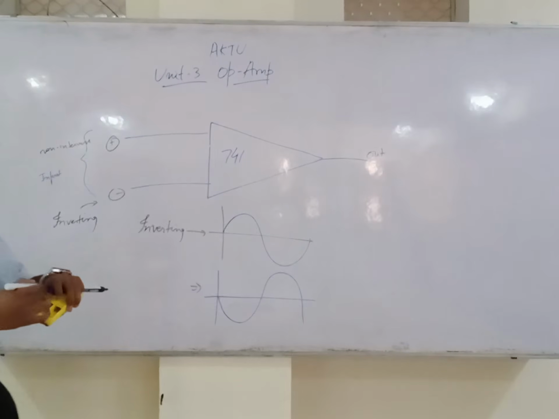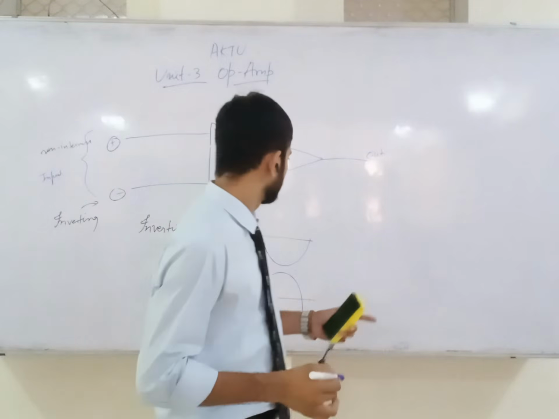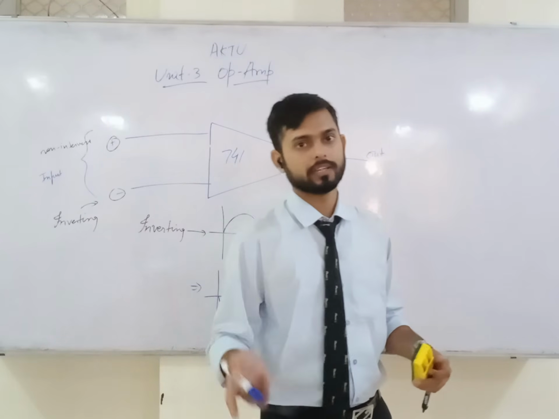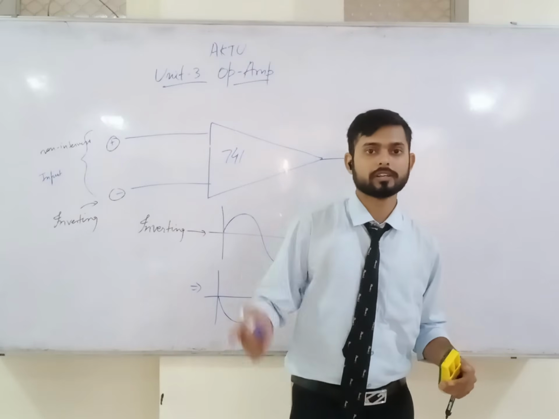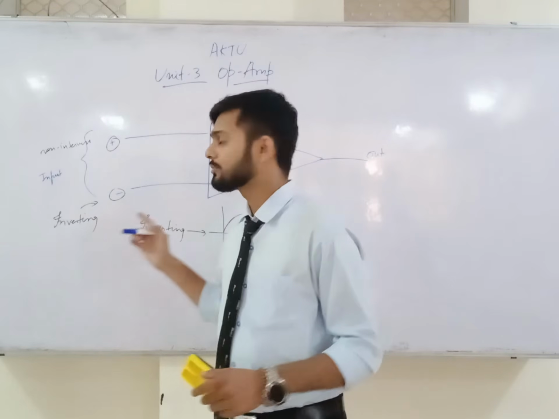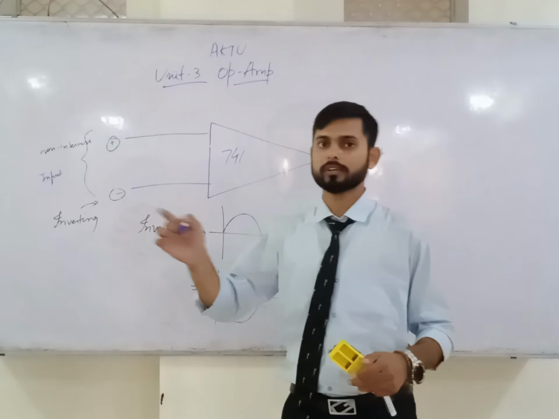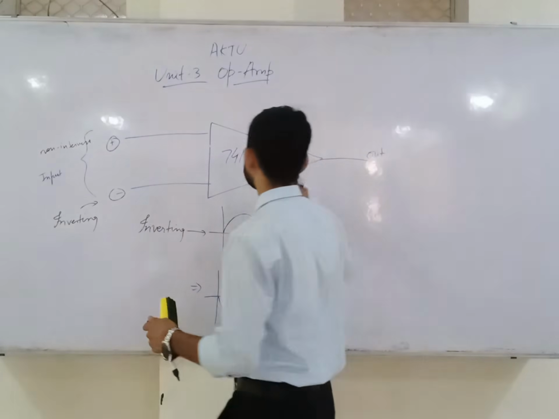This is inverting. If we put 1, then the output becomes 0. This is inverting. If this op-amp is non-inverting, then if we put 1, it also gives 1. This is non-inverting.